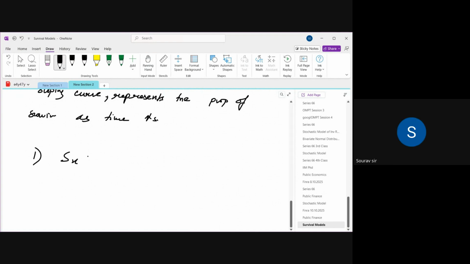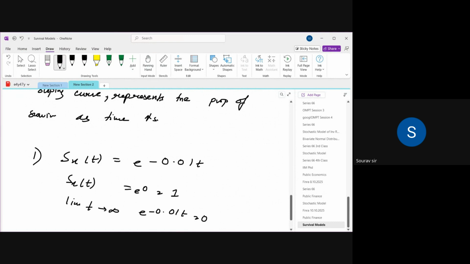I told you S_x(t) is equal to e to the power minus 0.01t. Is that valid? S_x(0) is equal to e to the power 0, which is equal to 1. The limit as t tends to infinity of e to the power minus 0.01t is equal to 0.